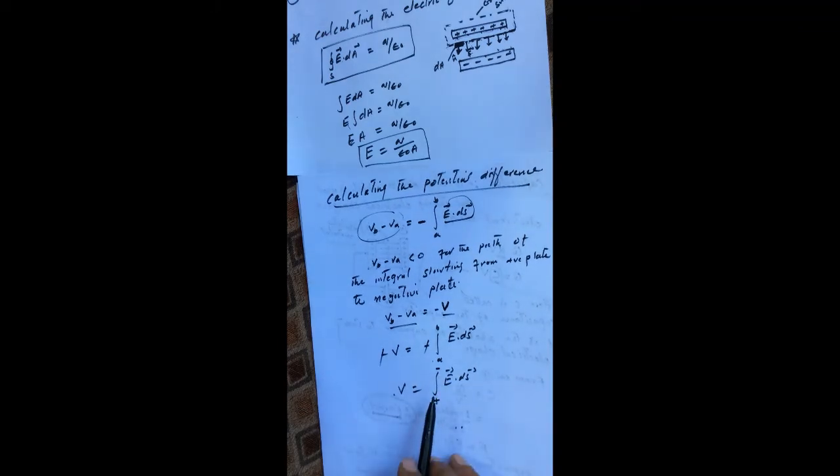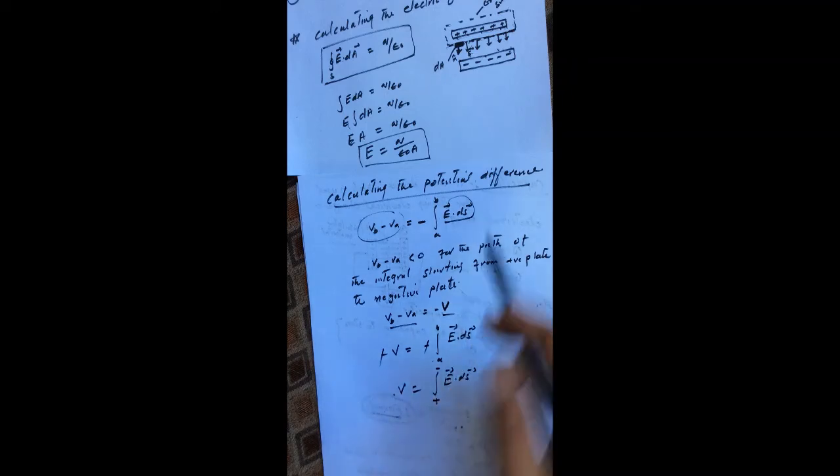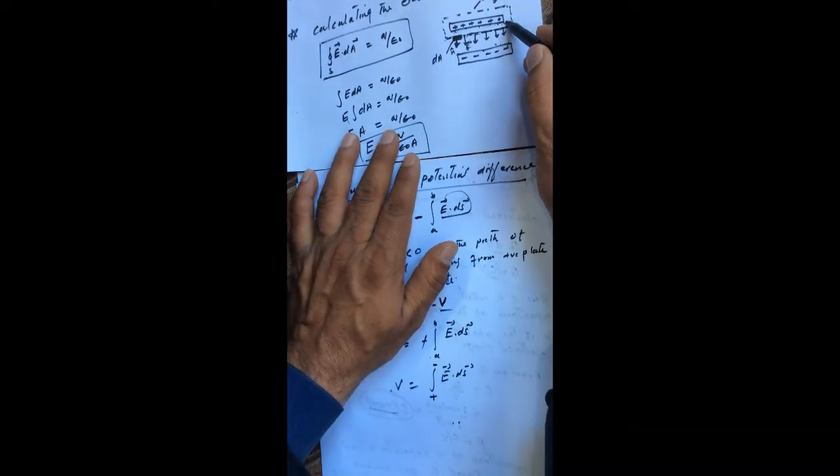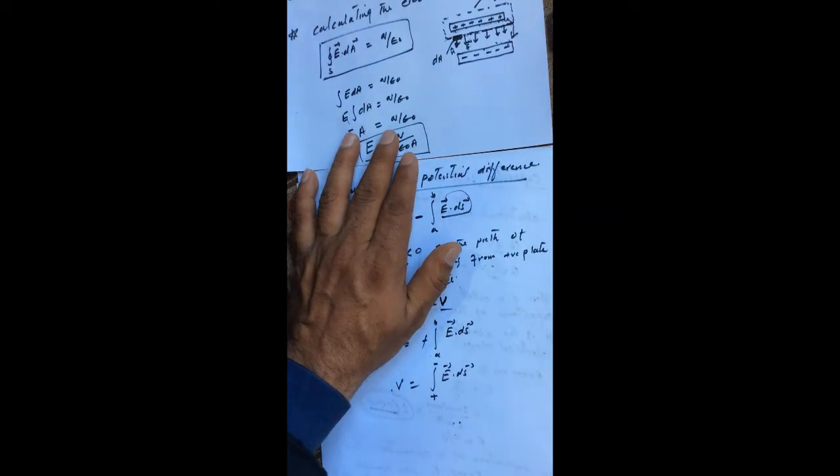This positive and negative sign on the integral reminds us that the path of the integral is from the positive plate of the capacitor to the negative plate, like from here to here. This is the path of the integral. So this is how we can calculate the potential after calculating the electric field.